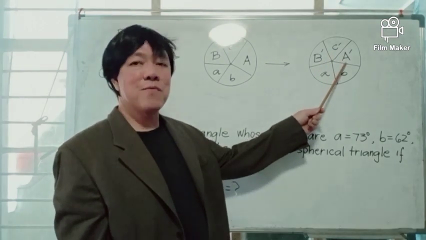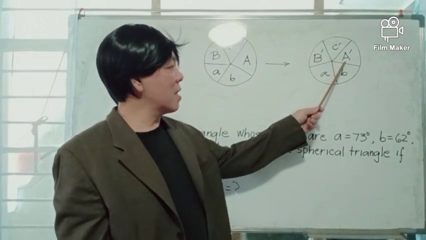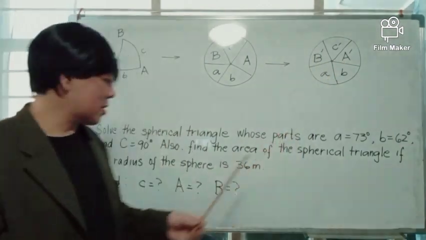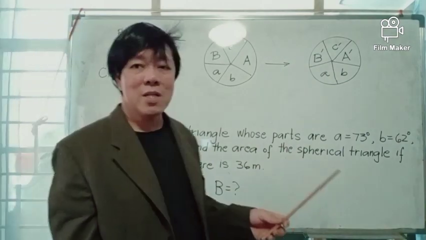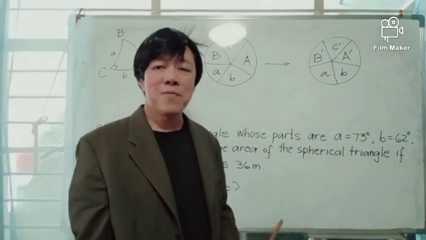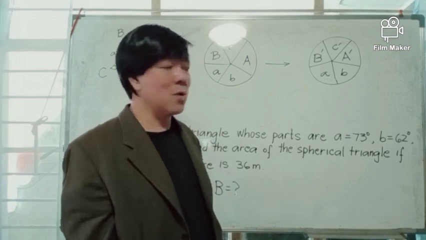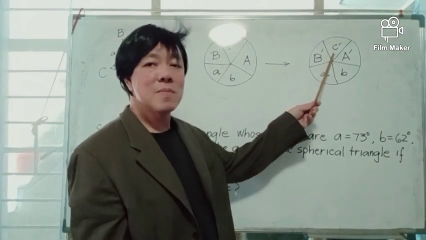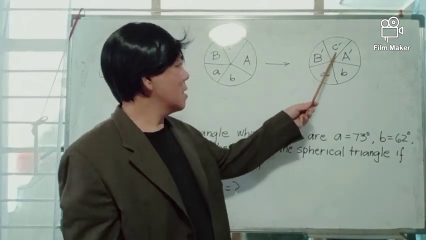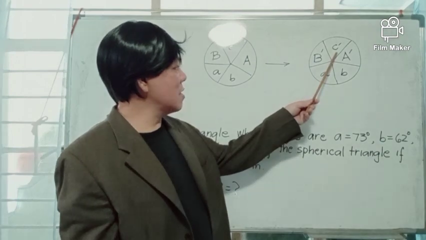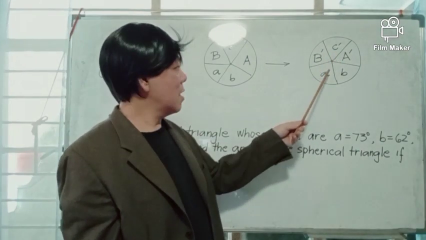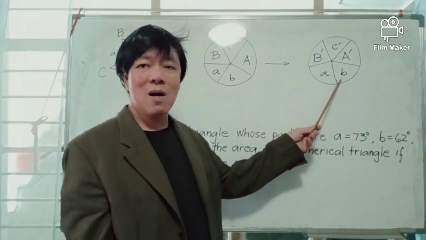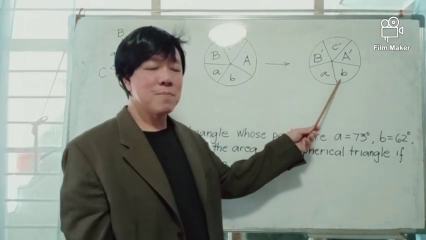Now you check if you are given angle A and angle B, but these two angles are unknown. Thus, we cannot use the first Napier's rule to write the equation to find small c. Now, if c prime is the middle part, these are the adjacent parts, and small a and small b are the opposite parts.